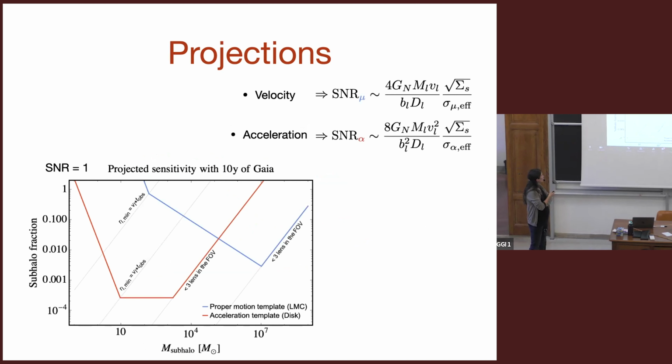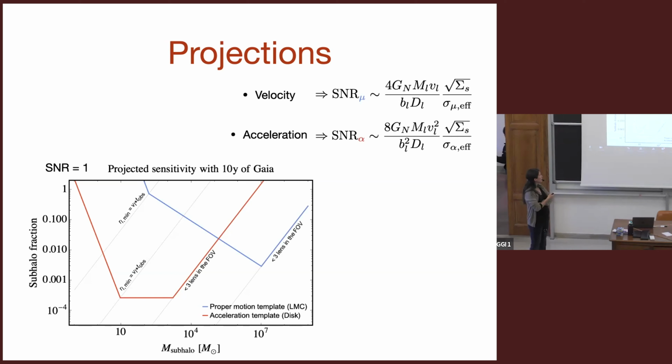So the blue curve here represents a signal to noise ratio equal to 1 for the velocity template analysis on the LMC. Again, I'm showing subhalo fraction as a function of subhalo mass in units of solar masses. And the same thing for the acceleration template.